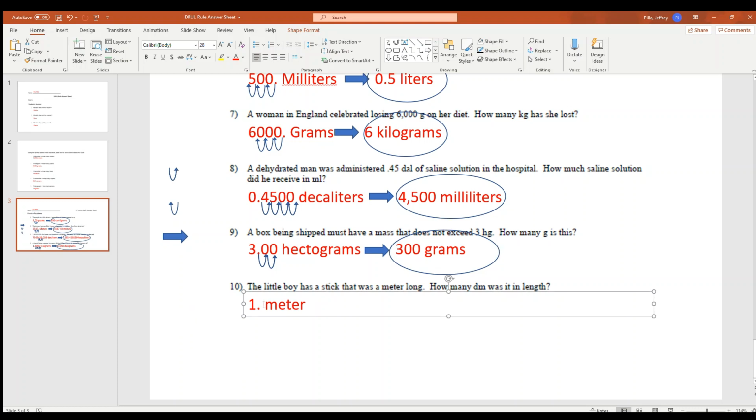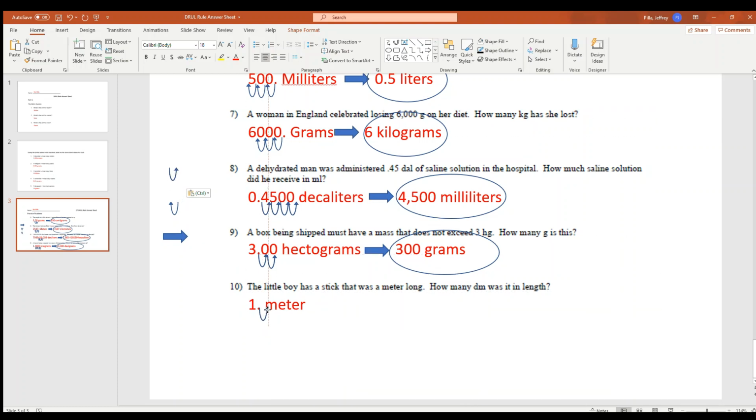Final question. Number 10. The little boy has a stick that was a meter long. How many decimeters was it in length? Okay? So we have 1 meter, and we're trying to go from meters to decimeters. So we're going to go down 1 step. Because we're going down, and because we're only going 1 step, we have to move our decimal to the right 1 step.